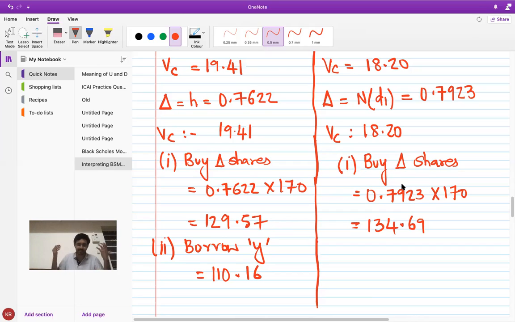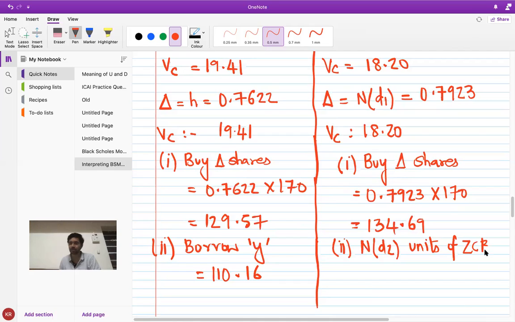Obviously, the current share price is the current share price under any model. What has changed is delta, and that is why under Black-Scholes you're viewing buying delta shares as a cash outflow of 134.69, and that is being financed by N(d2) units of zero coupon bonds being short sold. I'm writing in brackets as selling.